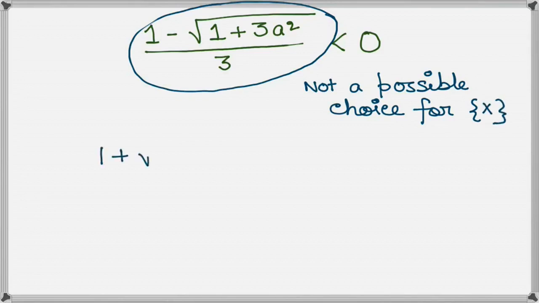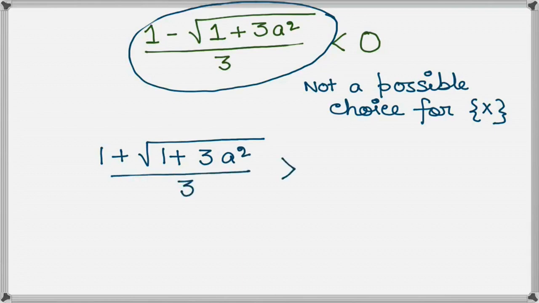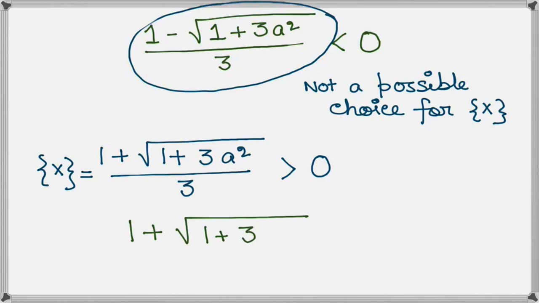We can see that 1 plus square root of 1 plus 3a square, divided by 3, is strictly bigger than 0. So therefore, if fractional part of x is equal to this, then we can write 1 plus square root of 1 plus 3a square is strictly less than 3, and we know this is also strictly bigger than 0.